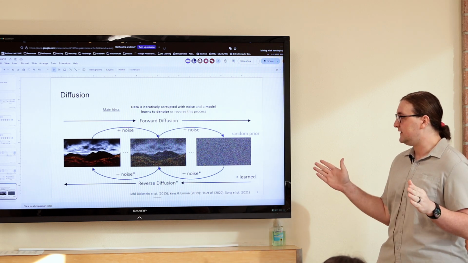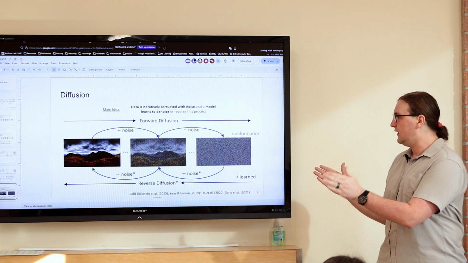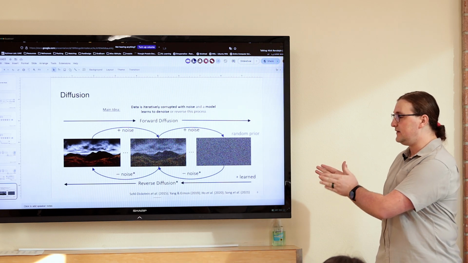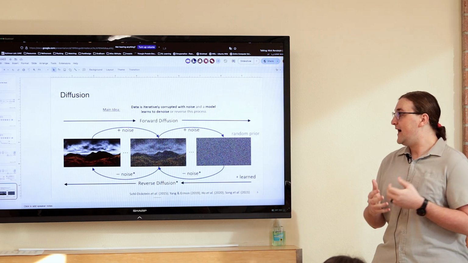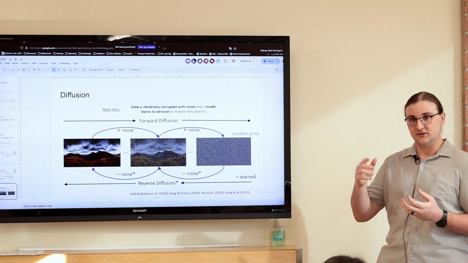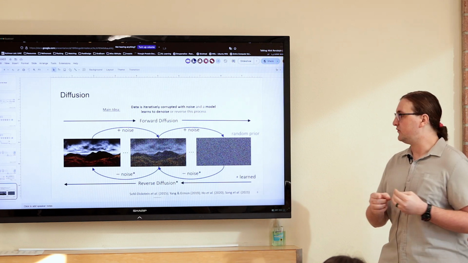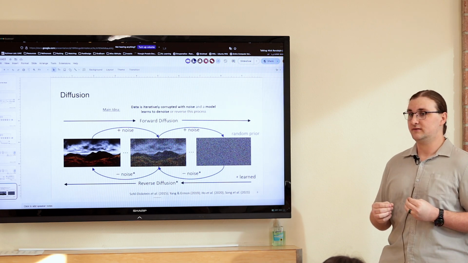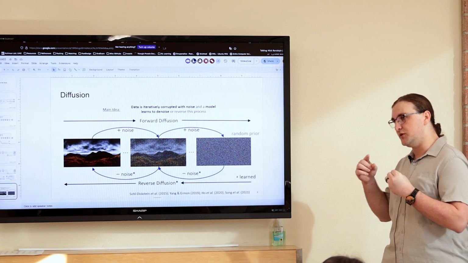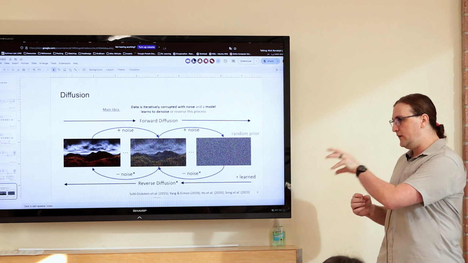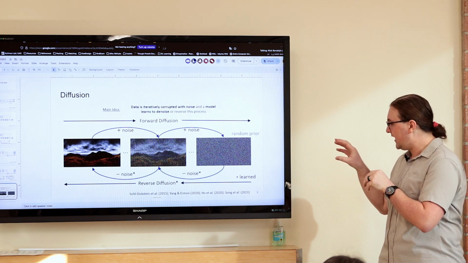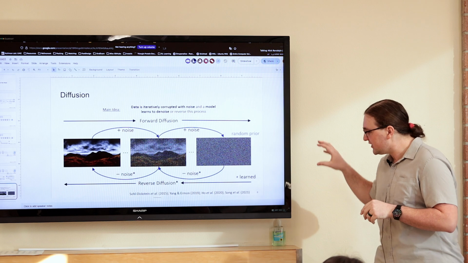Once we have this process, we have multiple steps of increasingly noisy images, or proteins, or structures. And then we have a model that is trained to reverse that process. So it's learning to iteratively denoise each noisy image into the previous step. So we have these increasingly noisy images, and now we take the noisiest and we try to remove a little bit.